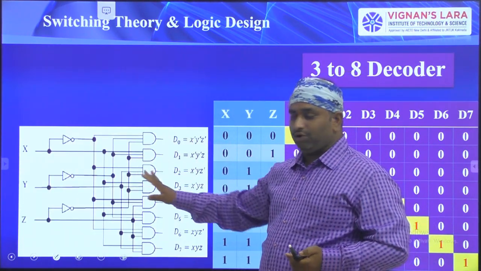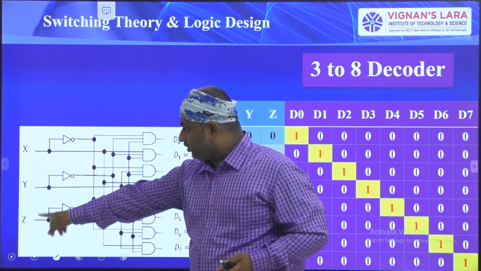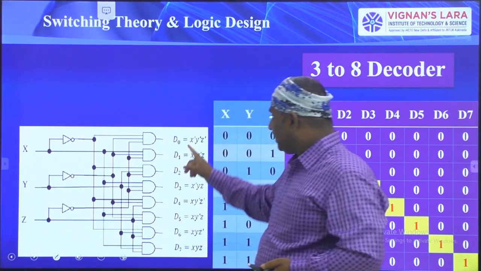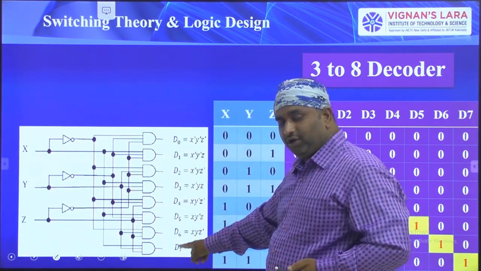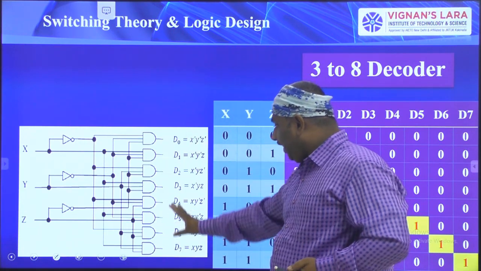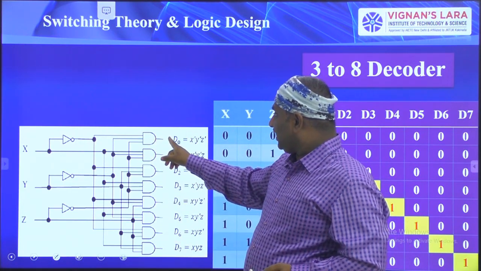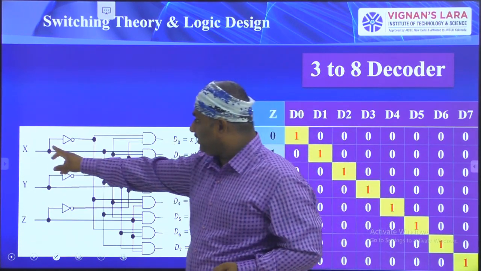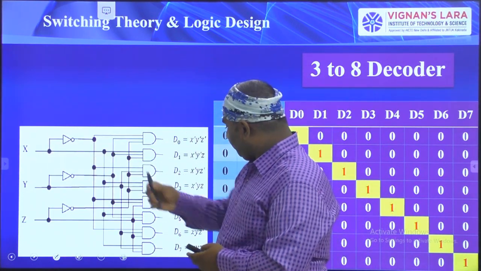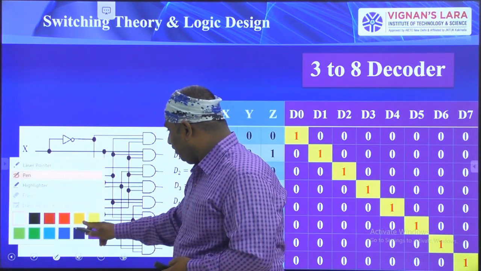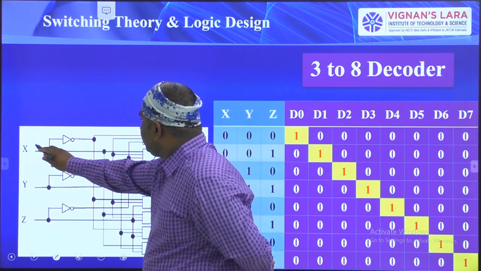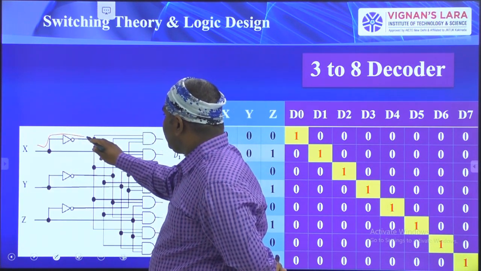So see here, I have drawn X, Y, Z. In total I have 3 input signals and D0, D1, D2, D3, D4, D5, D6, D7, a total of 8 output signals are available. And this first gate is connected to X bar, Y bar, Z bar. See here, X bar signal, I will represent with a red color line. See carefully. This is the X value and this is the X bar value.